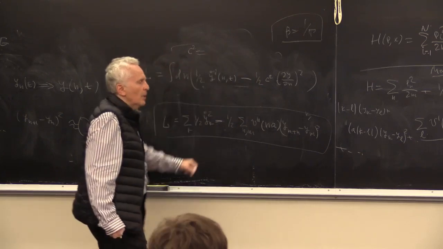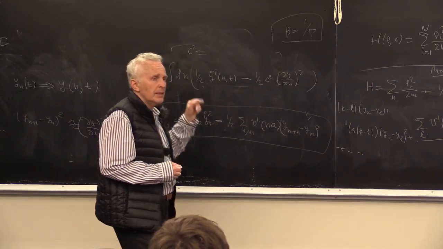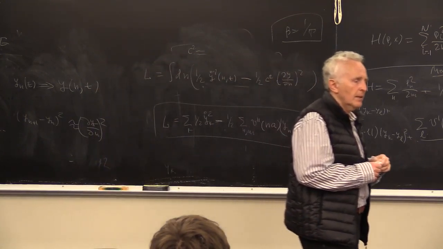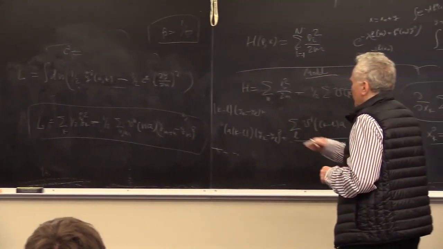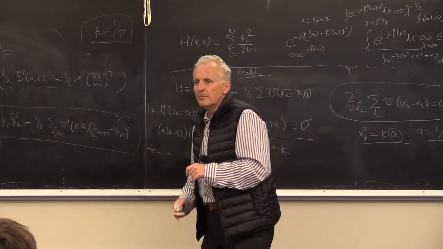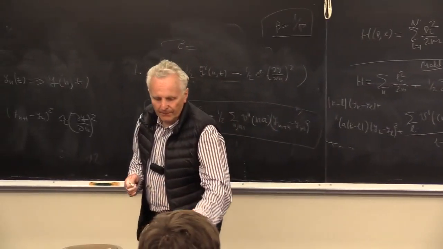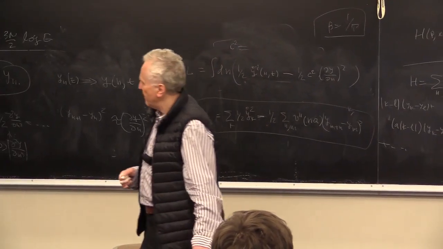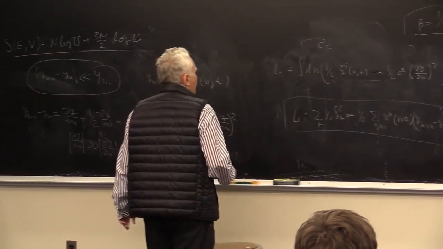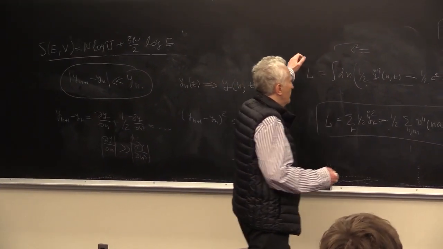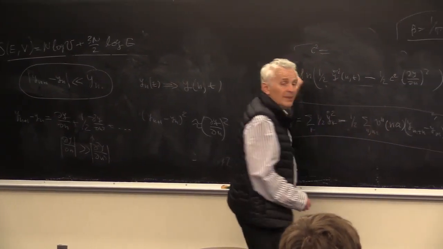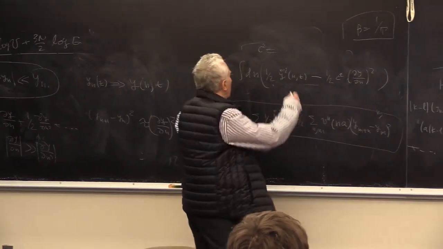So what is the speed of sound in terms of the potential of the crystal? You can figure it out by looking at this expression. Just V double prime at n?